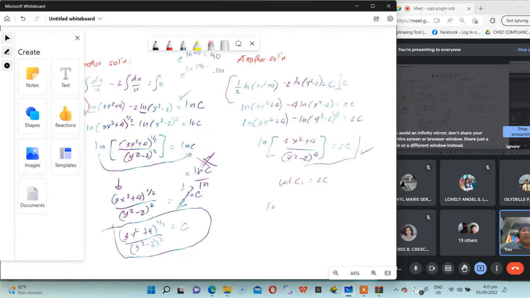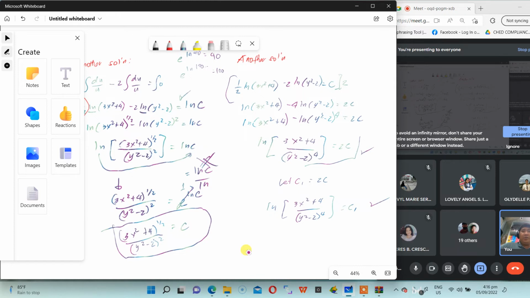Therefore, you have ln of 3x squared plus 4 over y squared minus 2 raised to the power 4 equals c sub 1. So this one could be accepted. Another solution, I could make as many solutions as the number of students here. Okay? So these are the possible scenarios that you have.